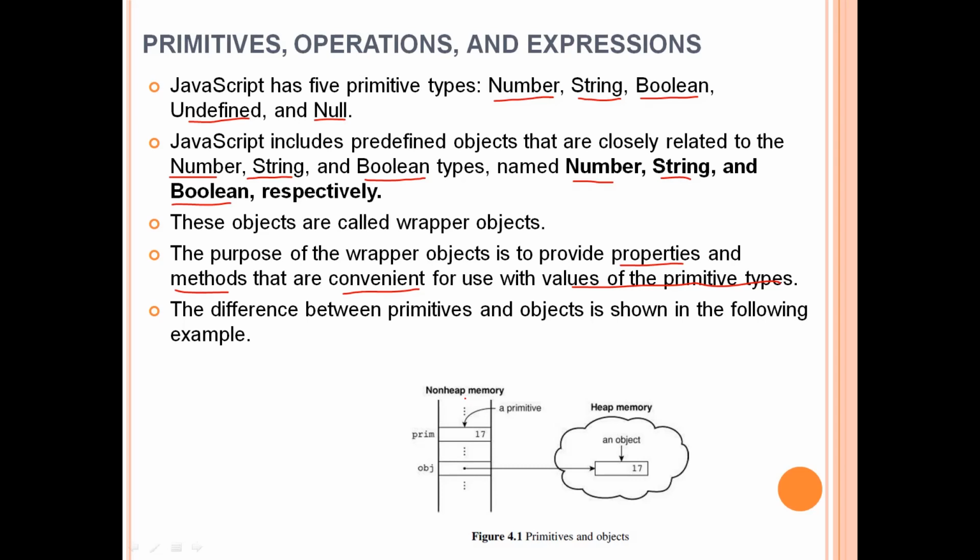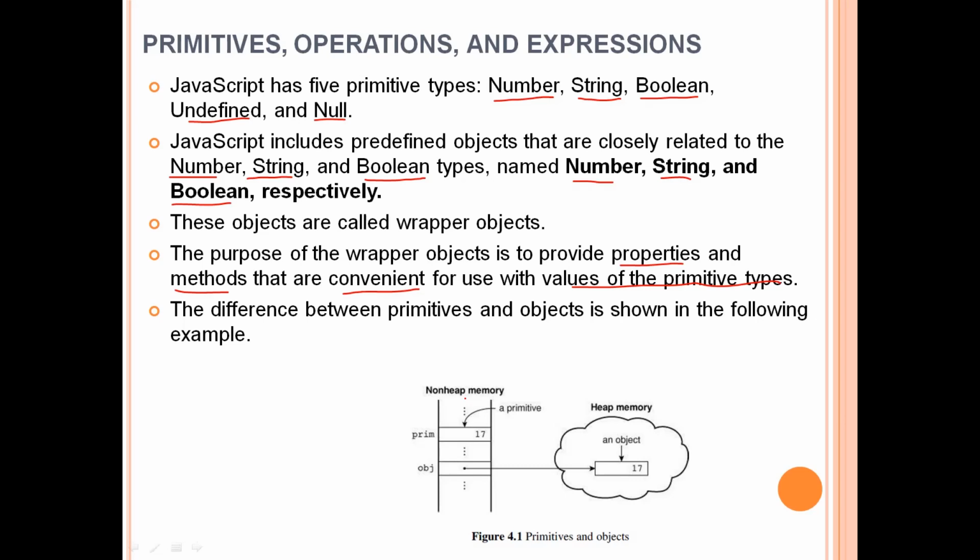In case of heap memory, it is dynamically allocated, and the size of a heap memory can increase or decrease at runtime, whereas the size of a non-heap memory is fixed and will not increase or decrease at runtime. So objects in JavaScript are always stored on a heap memory, not on a stack memory.